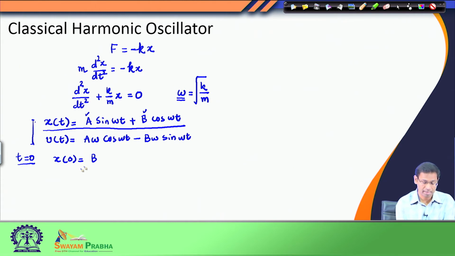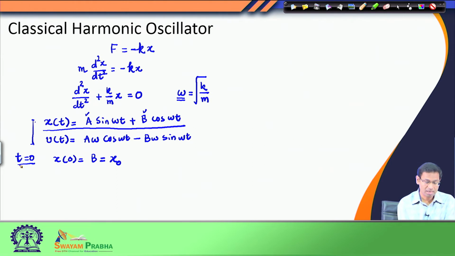So, x of 0, that means the position at time equals 0, is the value of b, and I define that as x 0. x 0 is the equilibrium position or the starting position of the oscillator. So, b is the initial position x 0.